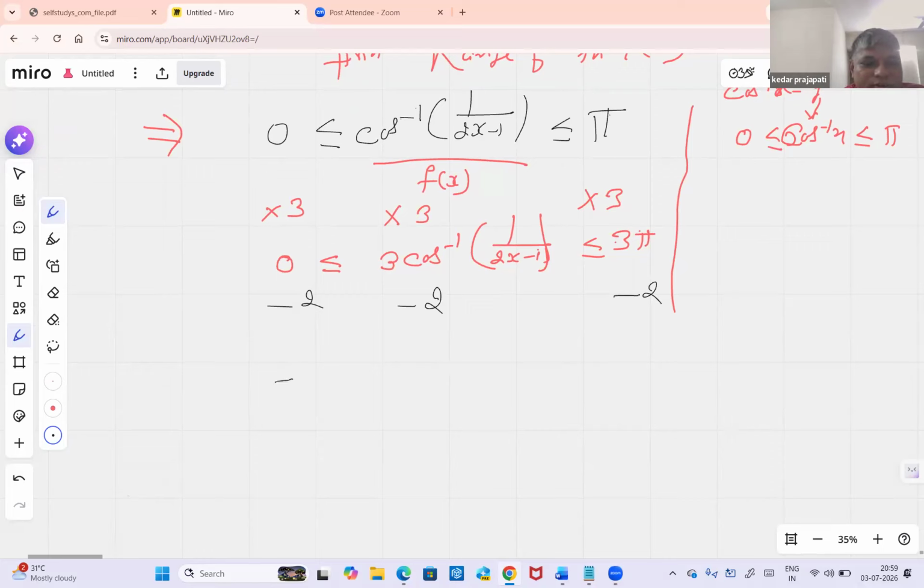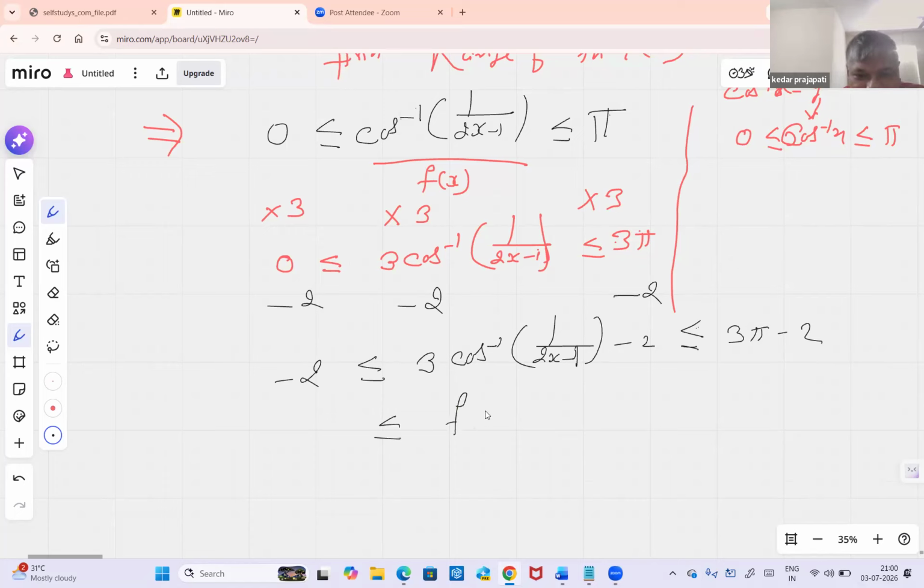This is 0 minus 2, this is 3 cos inverse of 1 by 2x minus 1 minus 2, and this is less than or equal to 3 pi minus 2. And this is nothing but f of x.